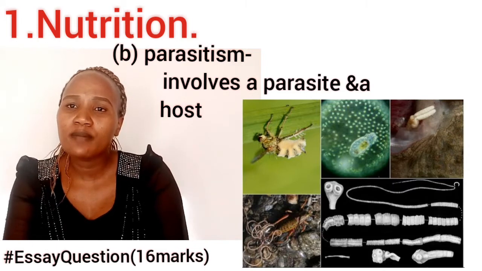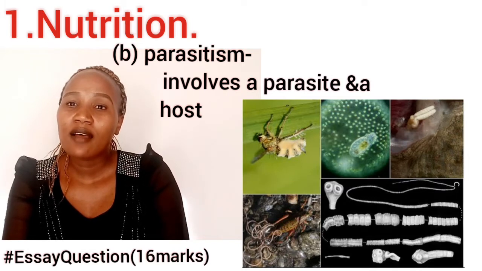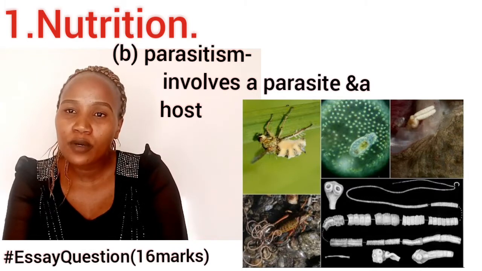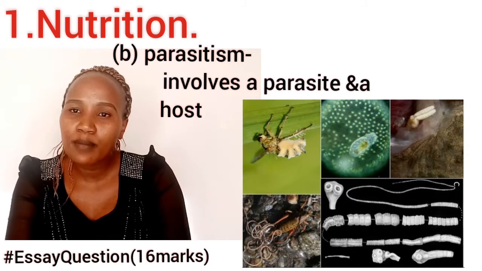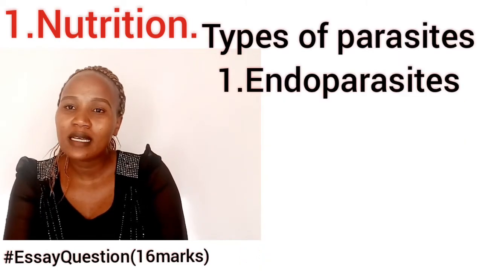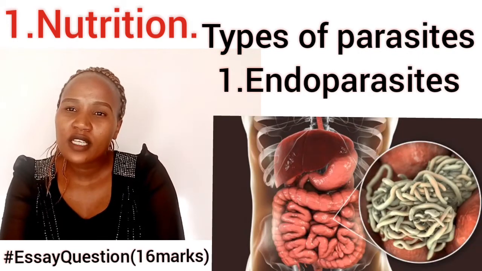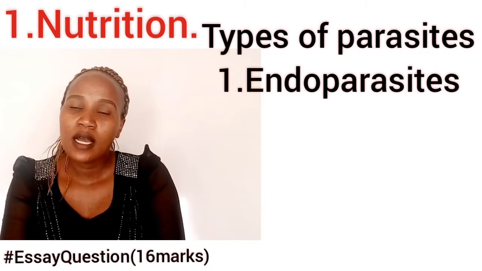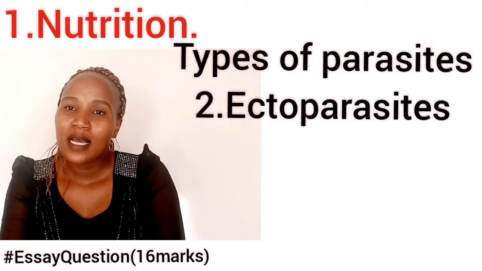And we have two types of parasite. There are those that are found on the outside of the body of the host, and there are those which are found inside the body of the host, leading us to a group of parasites that are known as endoparasites. And those that are found on the outside of the body of the host are known as ectoparasites.